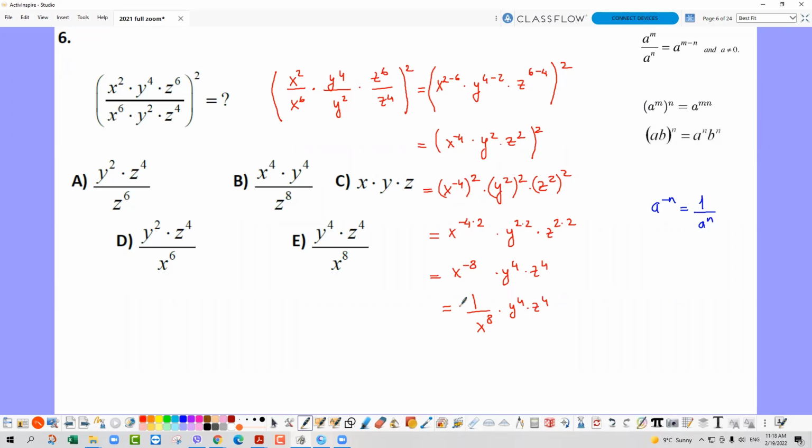Multiplying it out, it's y to the power of 4 times z to the power of 4 divided by x to the power of 8. So the answer is E. Okay, let's continue.